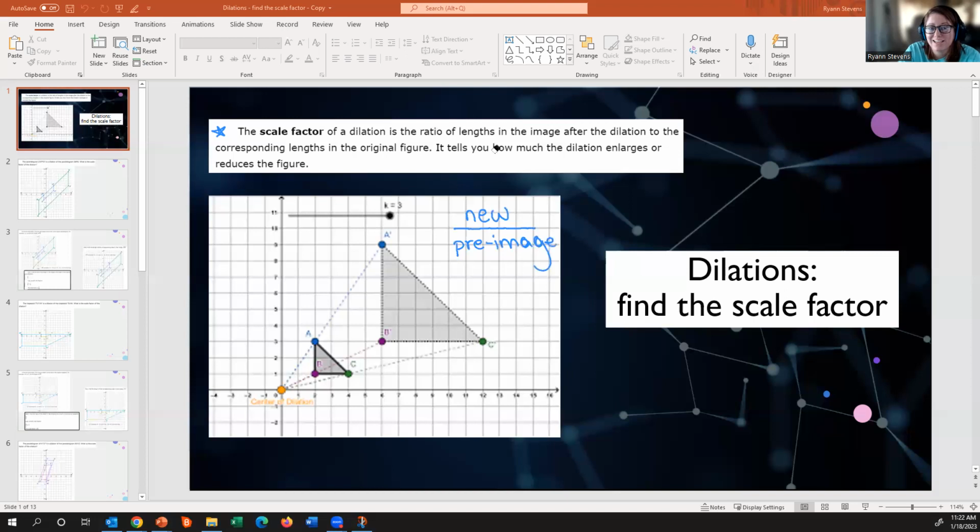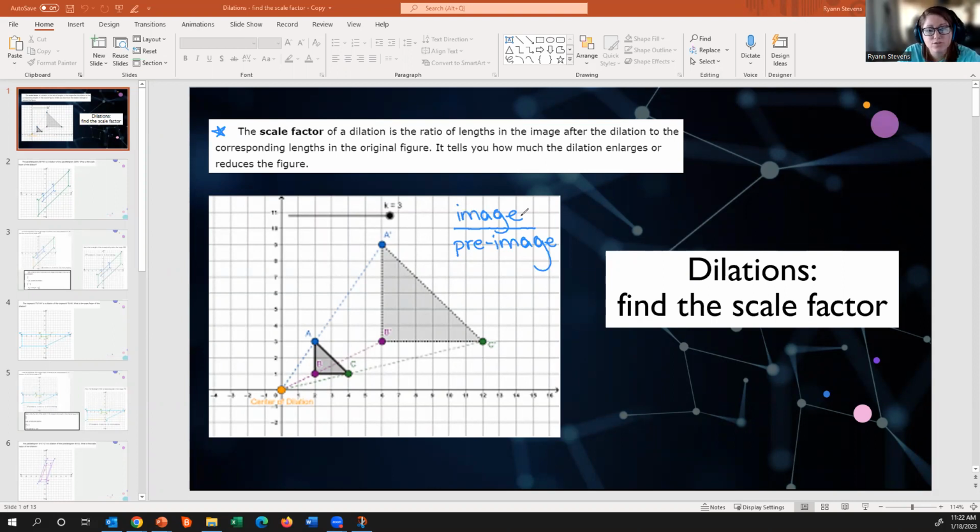And I'll change this to, instead of saying new, we'll say that this is our image and that is over our pre-image. And as we set this up as a ratio or a fraction, that's where we simplify, and that will give us the ratio or the scale factor from either enlarging the shape or reducing it.